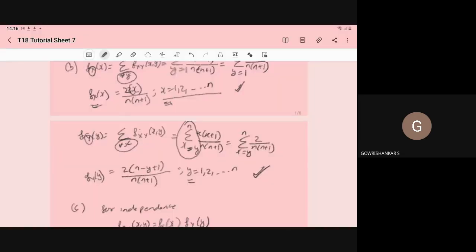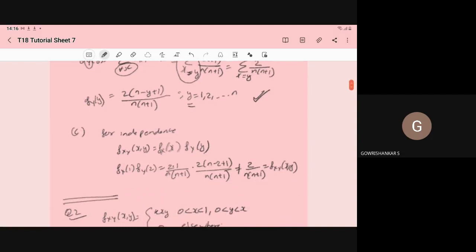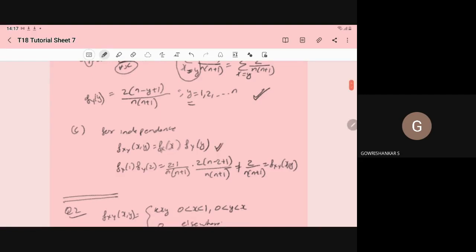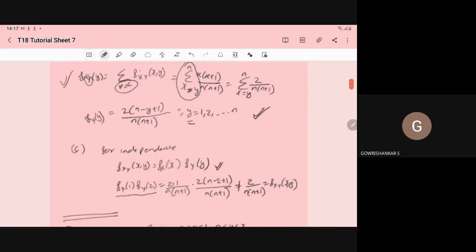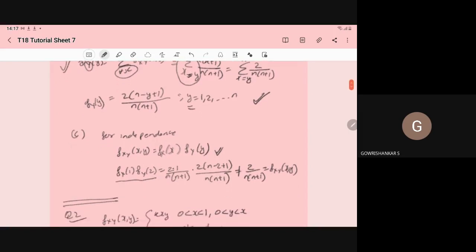So here in part C, for independence, the joint PDF f(x,y) must equal the marginal density corresponding to x times that corresponding to y. So f(x,y) must equal f_X into f_Y. Here we have the formula to check whether x and y are independent or not. So we computed f_X into f_Y. We have already computed the values of f_X and f_Y, the marginal densities.